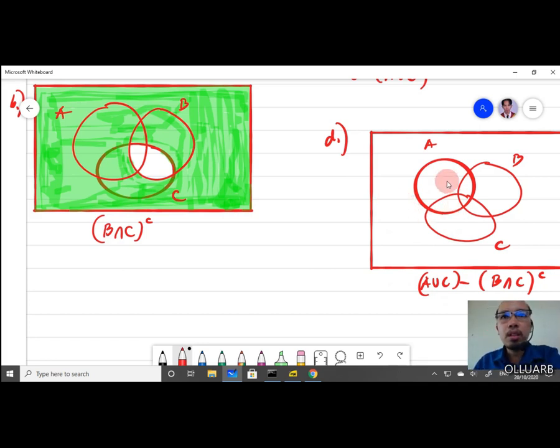The union of A and C is this whole portion here. So if you take the difference, what is the answer? The remaining is this portion here. Okay, so I think this portion is the answer.